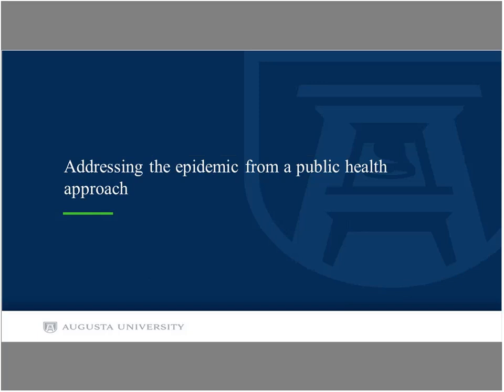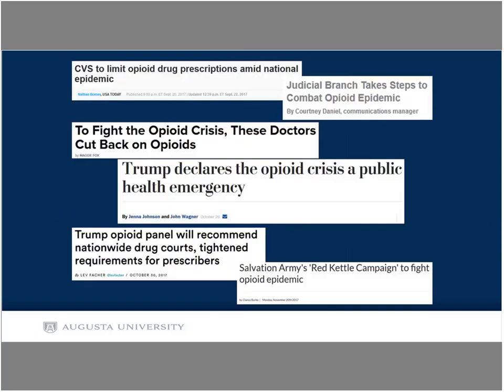So, addressing the epidemic from a public health approach. It is recognized in the U.S., and we are making some efforts to address the prescription opiate crisis and heroin crisis. These are headlines from the last year.